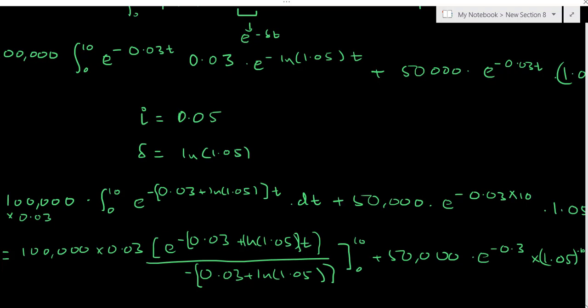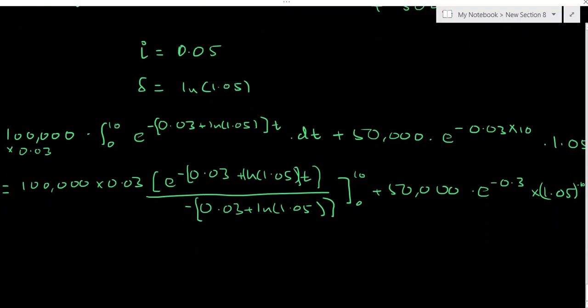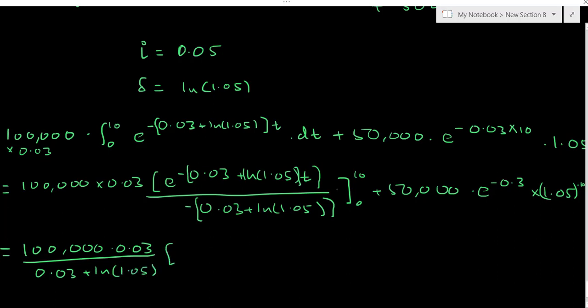So actually now I can put these values here. When I put 10 in place of t, and when I put 1, let's check what it becomes. This is 100,000 into 0.03 divided by 0.03 plus log of 1.05. Inside, I put 10 in place of this and 1 in place of this, and I've got a minus sign.